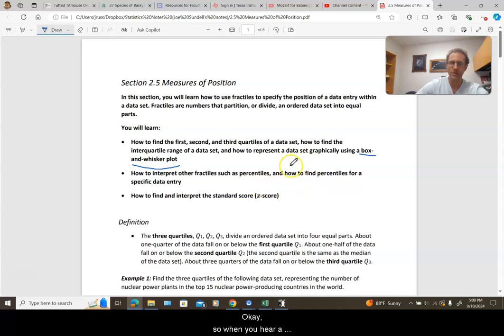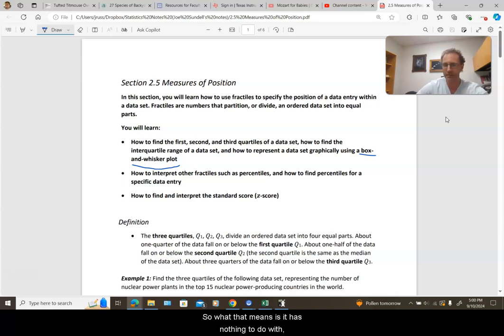Okay. So when you hear a percentile, guys, I'll give you an example. I think it was about 3 months ago at the time of this recording, my daughter went in for her pediatric appointment, she was between 6 and 7 months, and her length, she's in the 60th percentile.